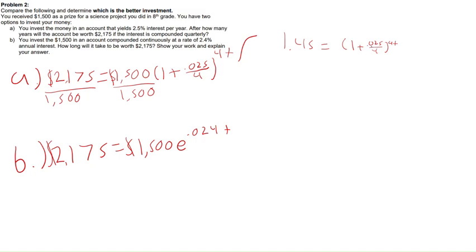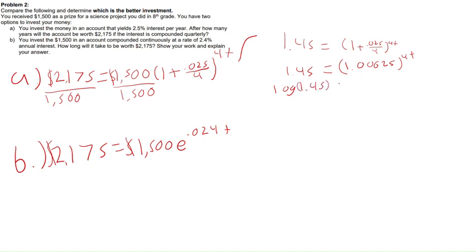So now we can solve this real quick. 0.025 divided by 4 plus 1 would be 1.00625, and this is to the 4t equals 1.45. Similar to the last one, we can use logarithms to get the 4t down. So we take the log of both sides.